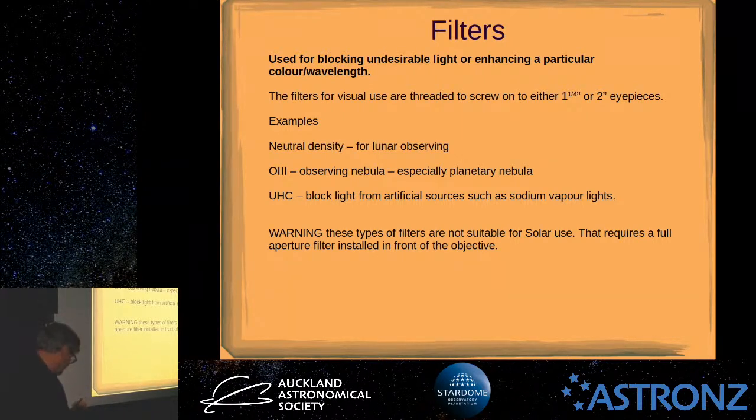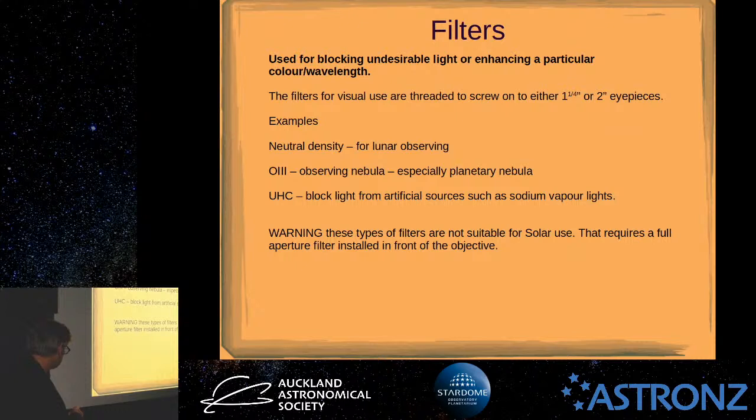And why you would want to look through that is because it blocks out a lot of the background light, but it allows the light that planetary nebulae emit. So if you're looking at planetary nebulae especially, it really shows them up in more contrast.